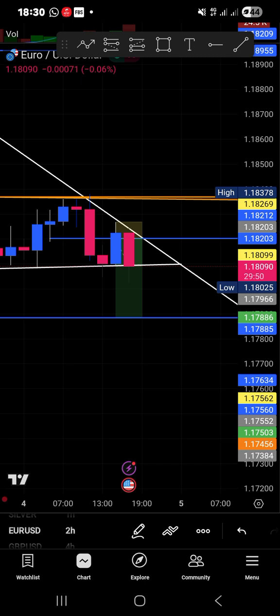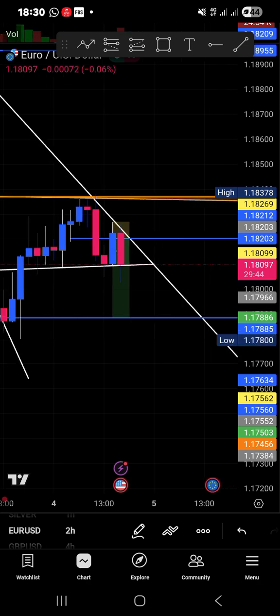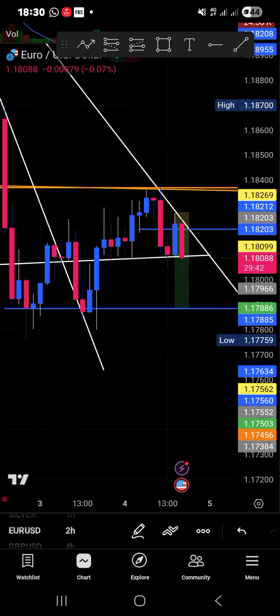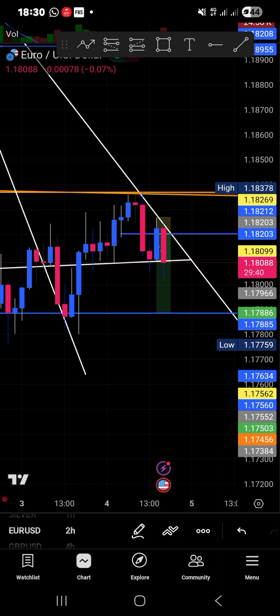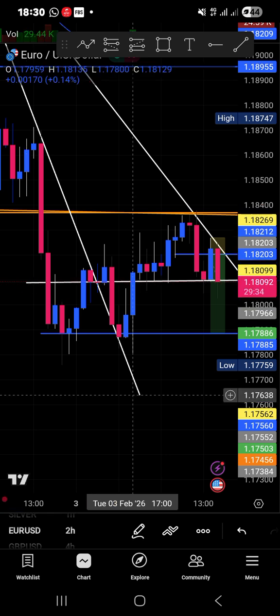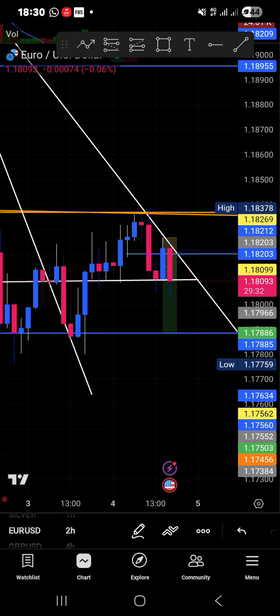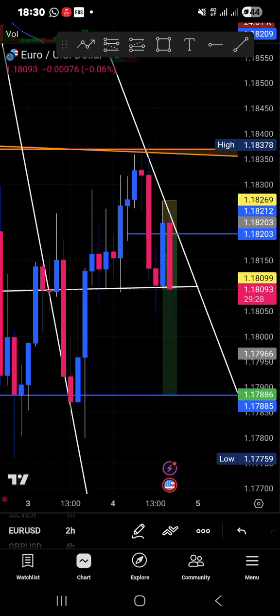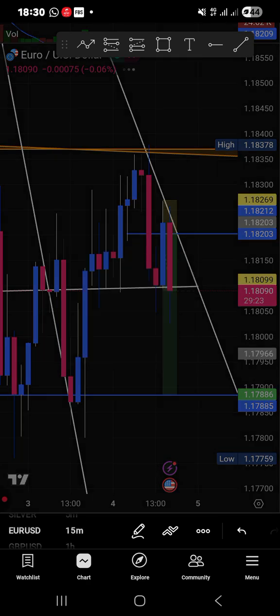So let me also show you how I took other trades. Also, if you can see, we have a kind of descending triangle over here. That means if the market breaks to the downside, actually it is breaking to the downside, as you can see. But if the market breaks to the downside, I'm going to wait for a retracement to retest the zone.